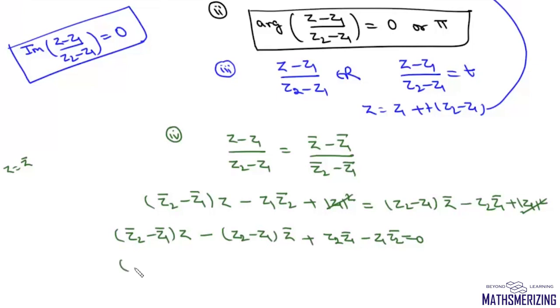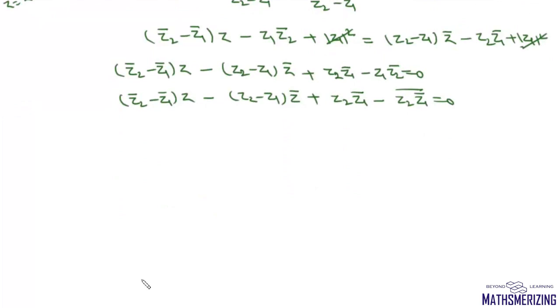Now we can also write this as (z2 bar minus z1 bar) z minus (z2 minus z1) z bar plus z2 z1 bar minus (z2 z1 bar) whole bar, and it is equal to 0. Now this is w minus w bar, and we know that (w minus w bar) upon 2 iota is imaginary part of w.